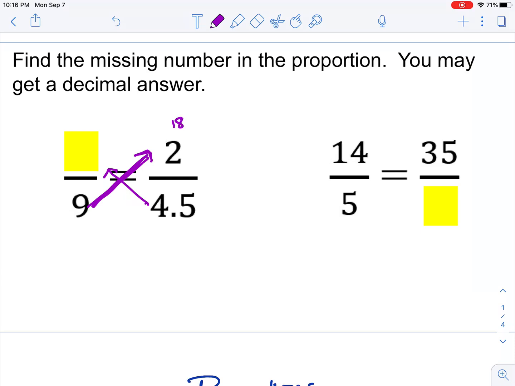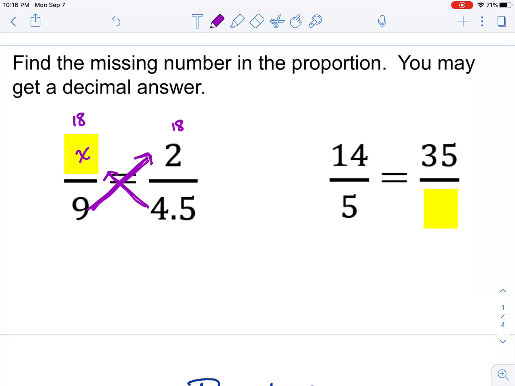So 4.5 times something, we're going to put an X there, has to also give me 18. So 4.5 times something, X, has to equal 18. And I got that by just following this arrow. 4.5 times X has to equal 18.